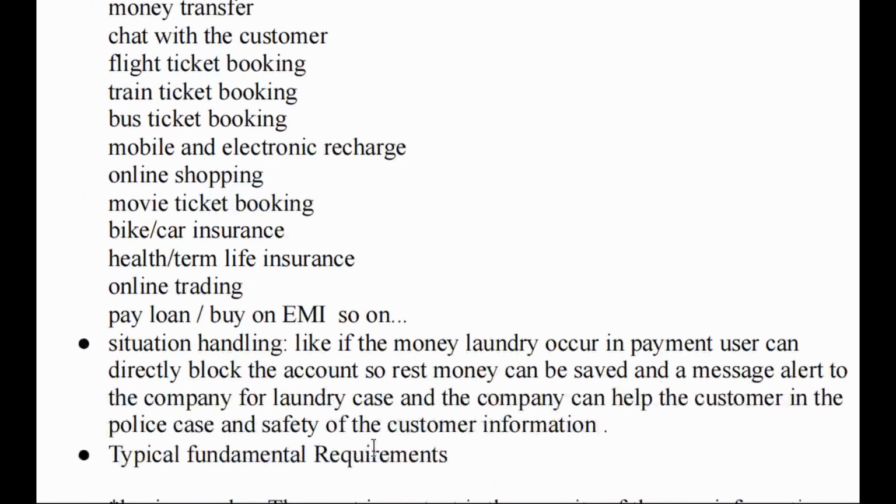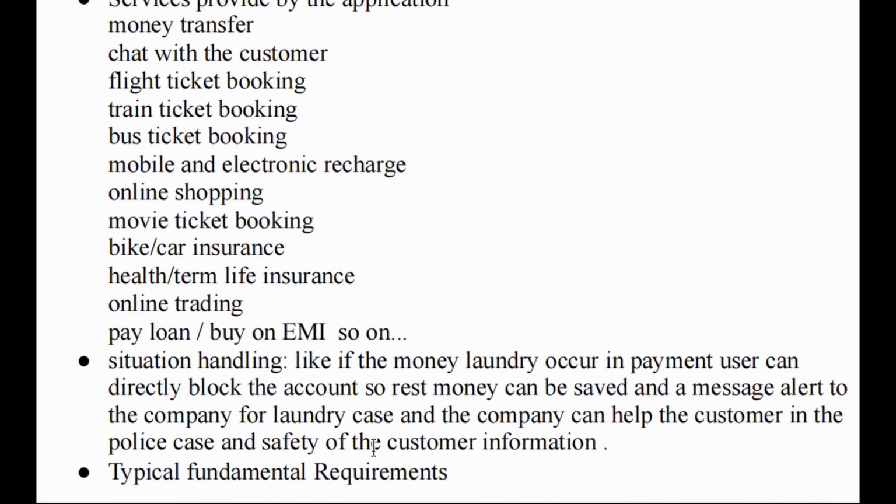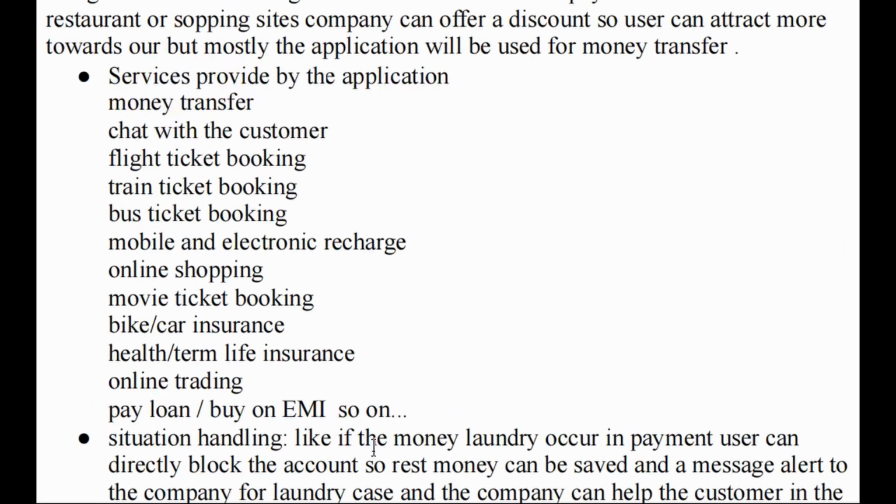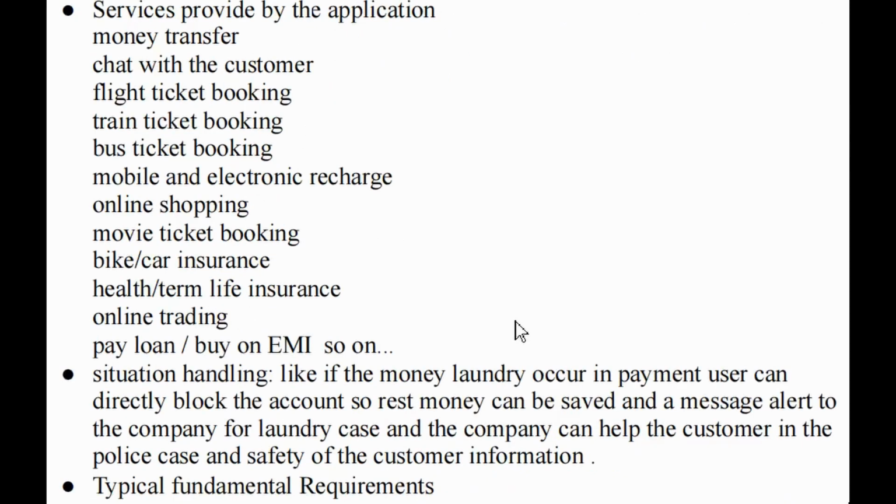Now for our first point, the services provided by the application: money transfer, chat with the customer, flight ticket, bus ticket booking, mobile and electronic recharge, online shopping, movie ticket booking, bike and car insurance, health term, life insurance, online trading, pay loan, buy on EMI, and so on.